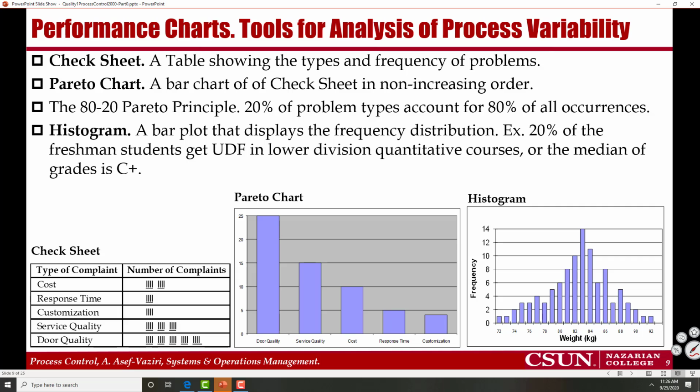Then I have the Pareto chart, which differs from the check sheet in two aspects. First, this is a visual representation. This is a graph, a schematic representation. This is a tabular representation.